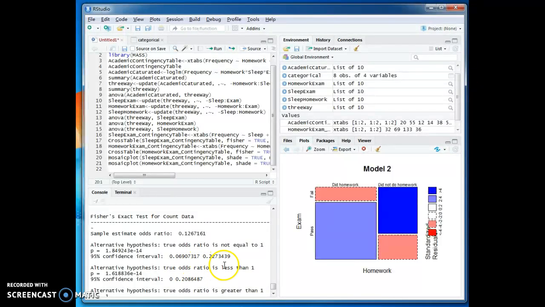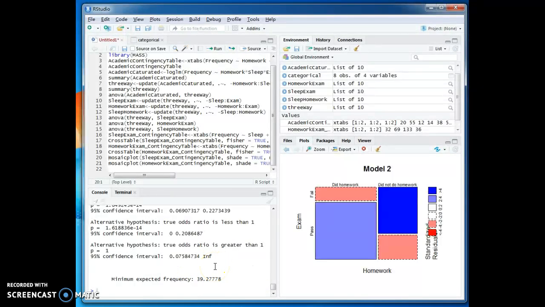So we can conclude that people who have more than 8 hours of sleep have an 8 times higher pass rate than people who sleep less than 8 hours. And people who did not do their homework have a 7.7 times lower pass rate compared to people who did their homework.